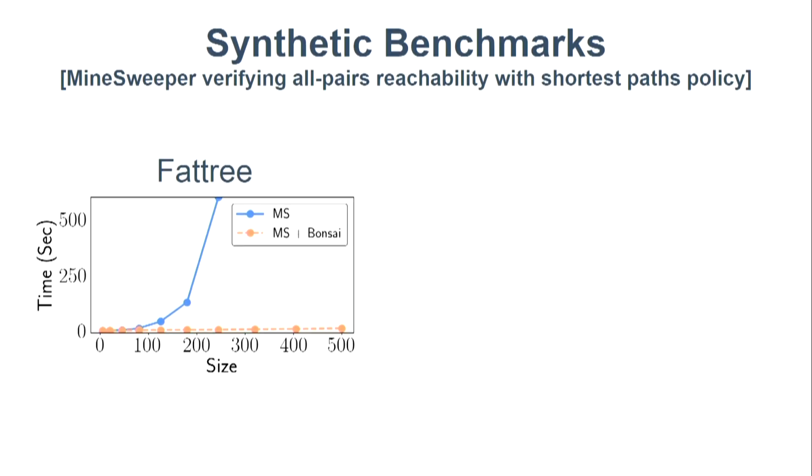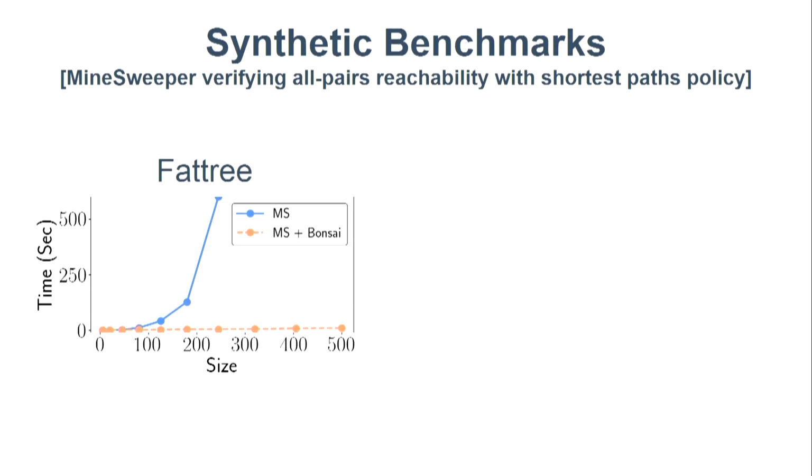It just does shortest paths routing. On the vertical axis, you have the time it takes to do verification, and on the horizontal axis, you have the size of the network that we're trying to verify. The blue line represents the Minesweeper tool on its own, and the orange line represents the Minesweeper tool when we've applied Bonsai, which does compression first.